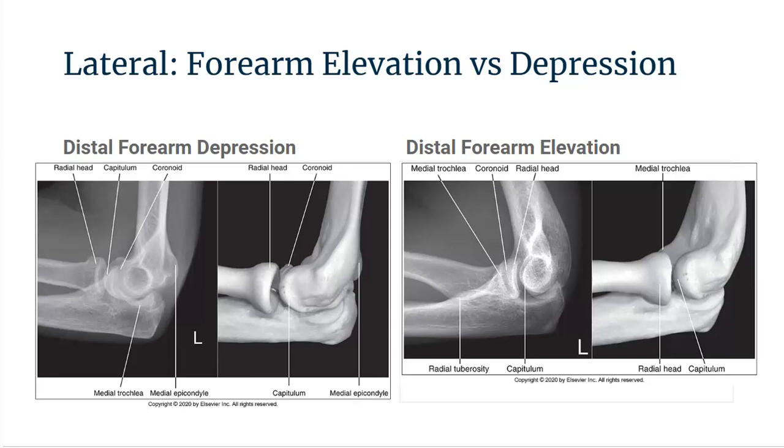So now let's talk about what anatomic misalignments occur when the distal forearm is depressed or elevated. When the distal forearm is positioned too close to the image receptor, or depressed, the capitulum will appear anterior to the medial trochlea.